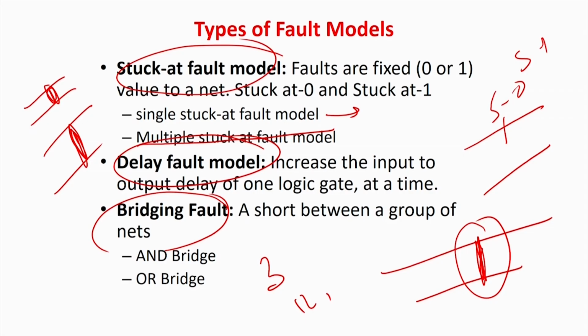Single stuck-at fault model means first I will see whether this is there or not. If I verify this is not there, then I will go for this, then maybe I will take the other combinations, like maybe after that I will take this combination and so forth. I will drop this and this combination because they are quite far and the short probability will be very less. So, this is how basically it goes.